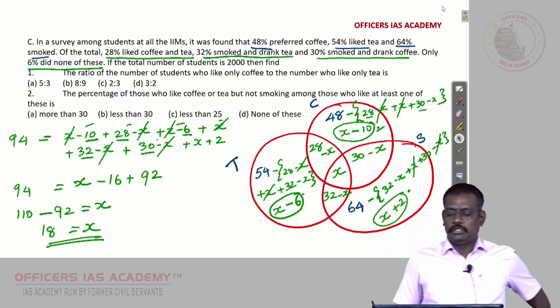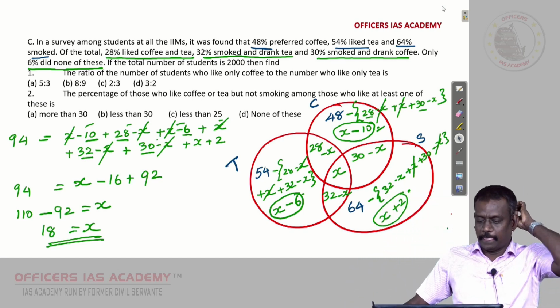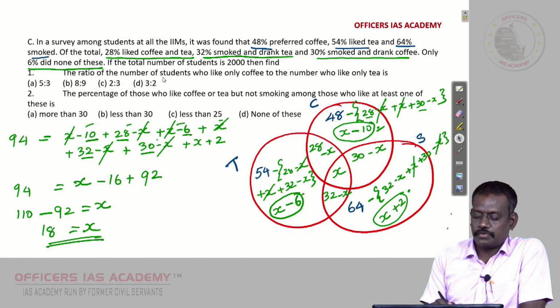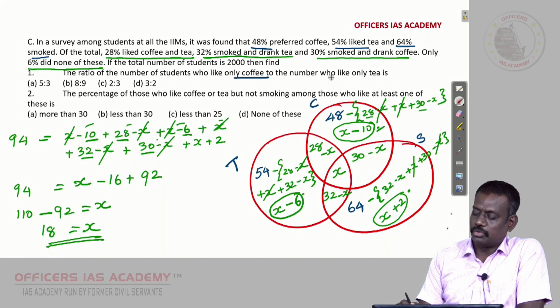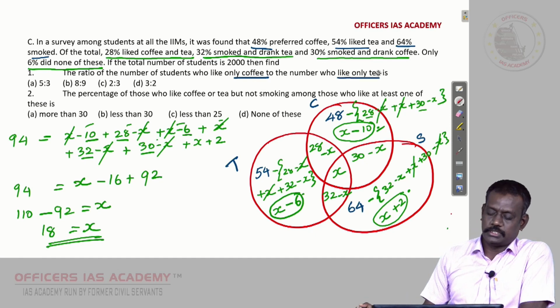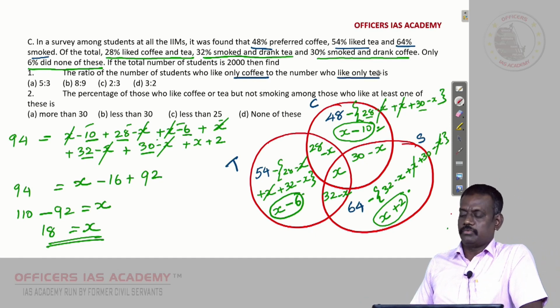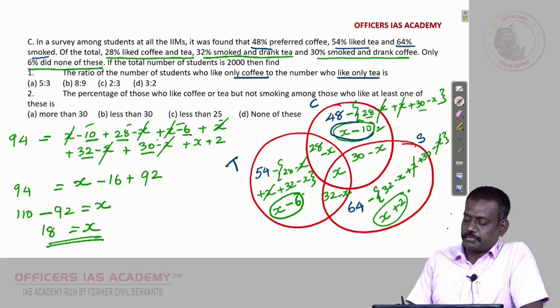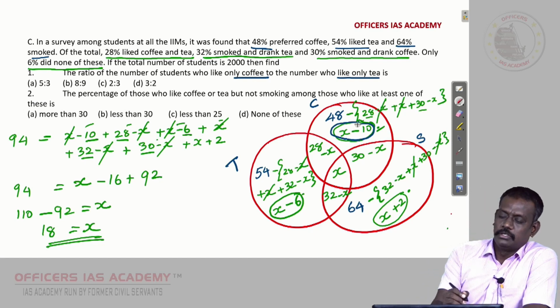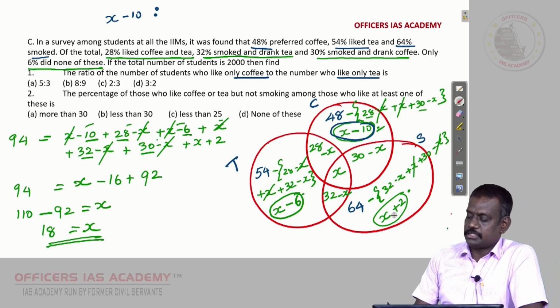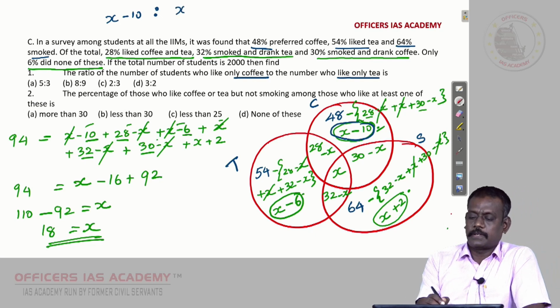Now we can move on to the questions. So what is the question? The ratio of the number of students who like only coffee to the number who like only tea. So what is the number of students who like only coffee? It is x minus 10, isn't it? So x minus 10 is to only tea, x minus 6.